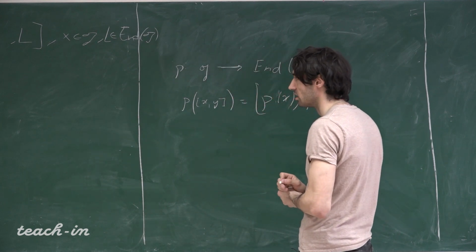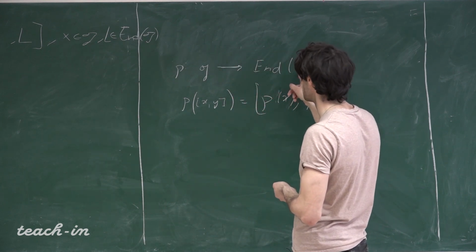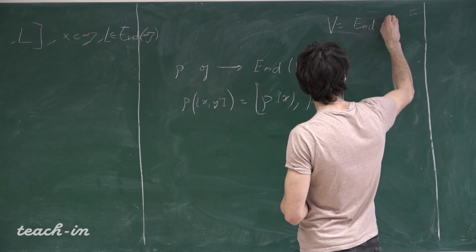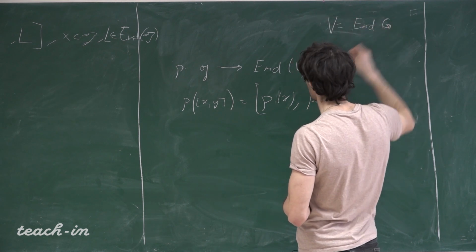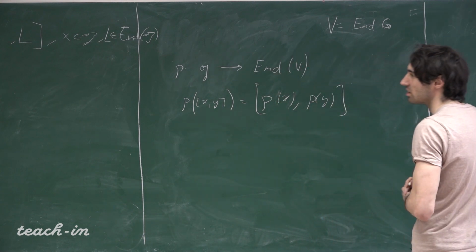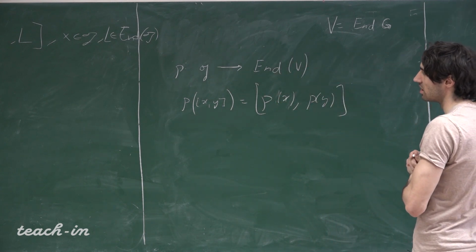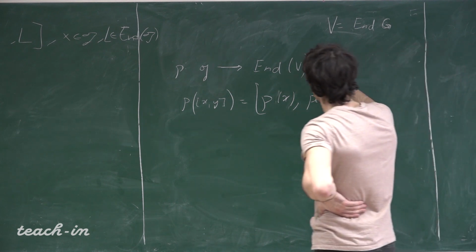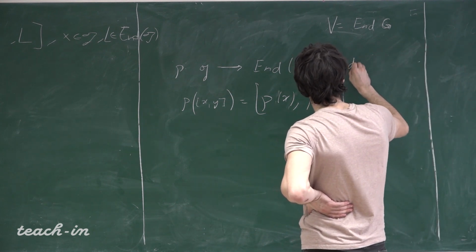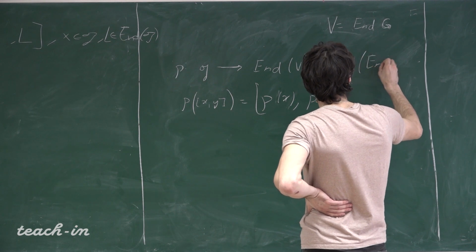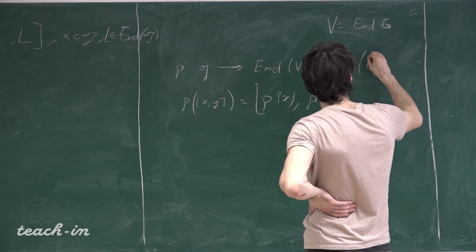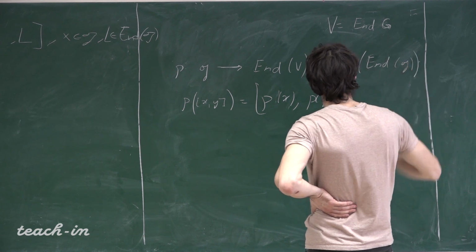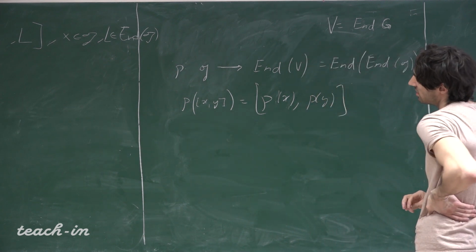So what is V in this case? V is actually End G. Right? But this acts on endomorphisms of G. So this is actually End of G, right?